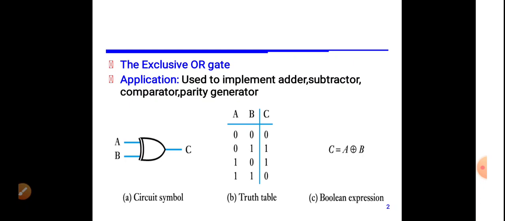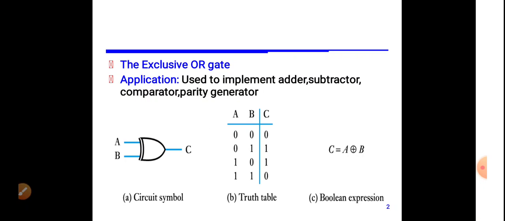That is the reason this XOR gate is also called an odd parity generator, because wherever an odd number of ones are present at the input side, the output is 1. The Boolean expression, or the logic function representation, of this XOR gate is a plus symbol followed by a circle.